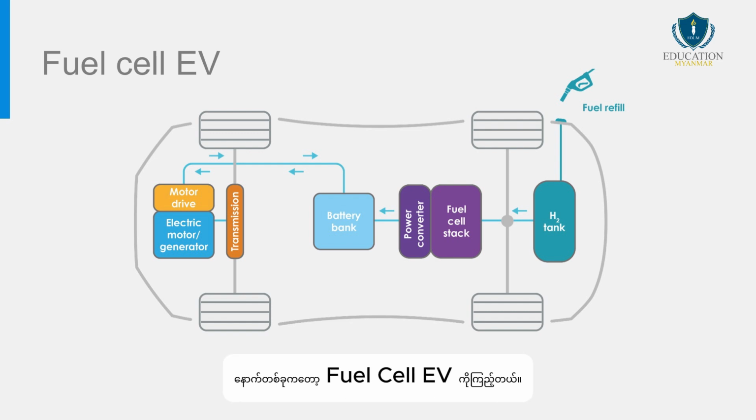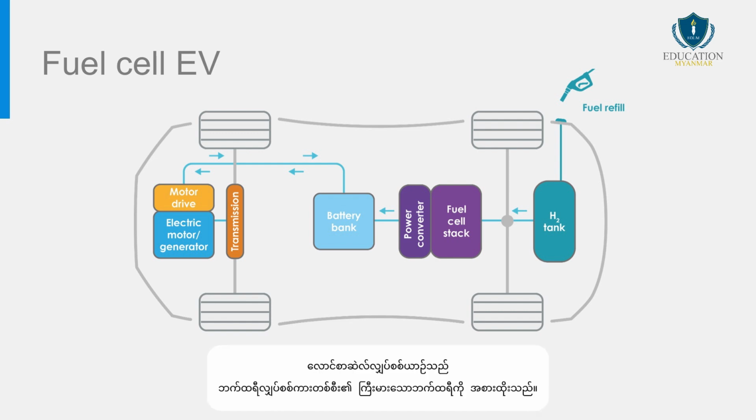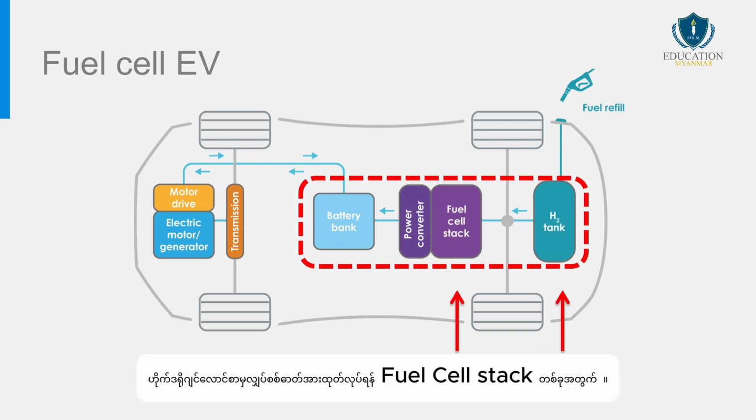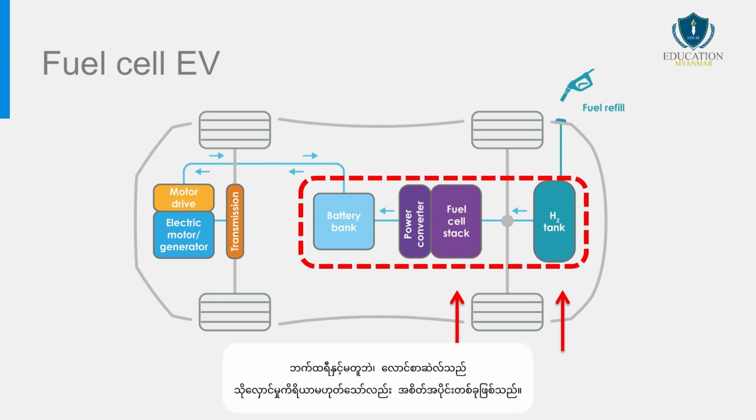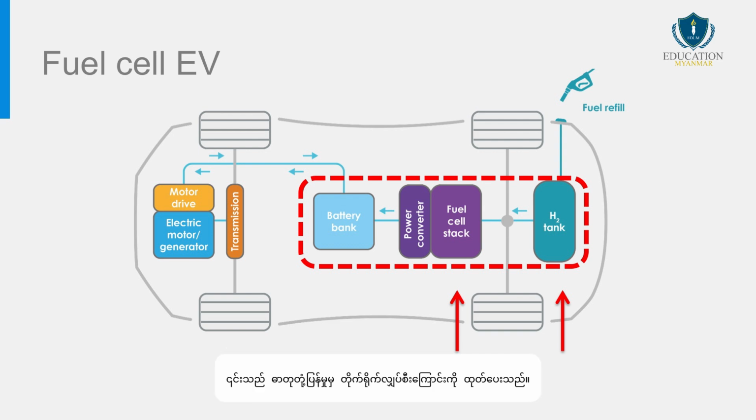Next, we look at a fuel cell electric vehicle. A fuel cell electric vehicle substitutes the larger battery of a battery electric vehicle for a fuel cell stack to generate electricity from the hydrogen fuel. Unlike a battery, a fuel cell is not a storage device, but a component that produces direct current from a chemical reaction.